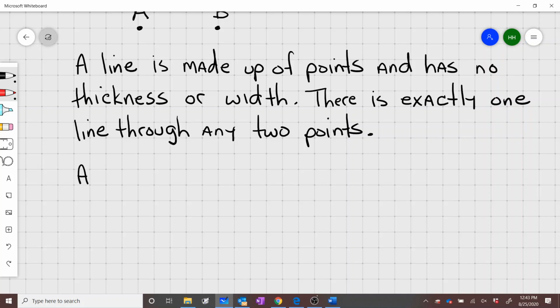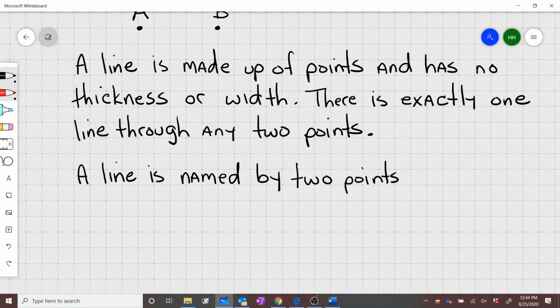A line is named by two points on the line or a lowercase script letter.